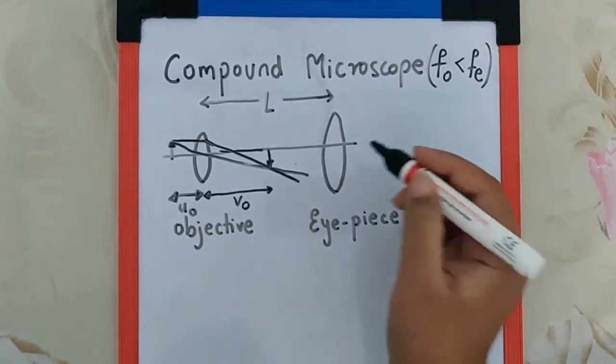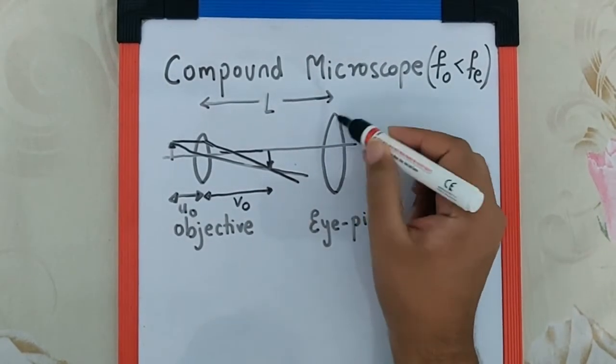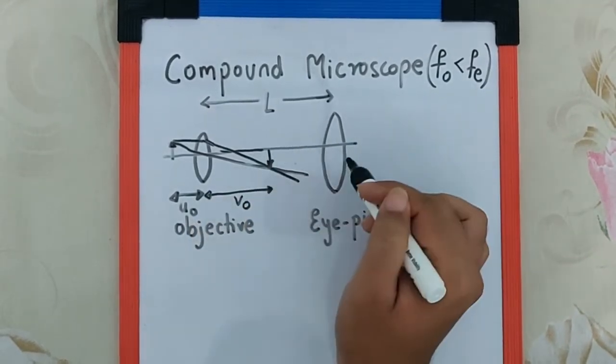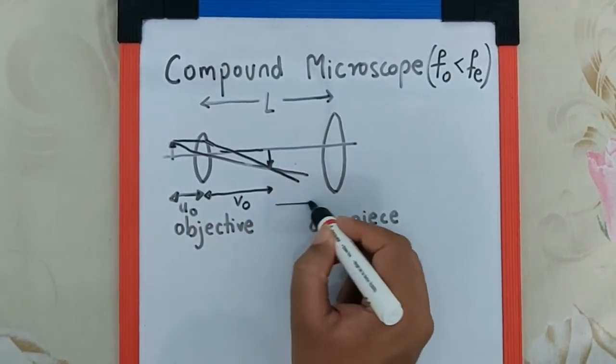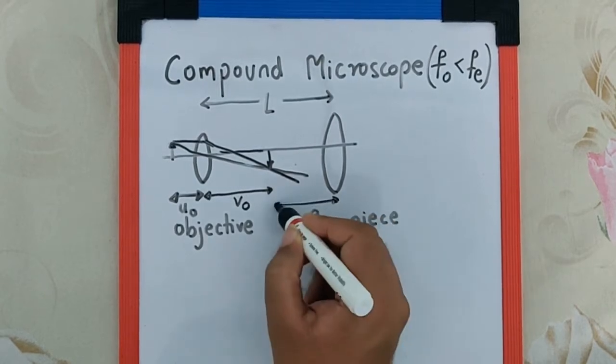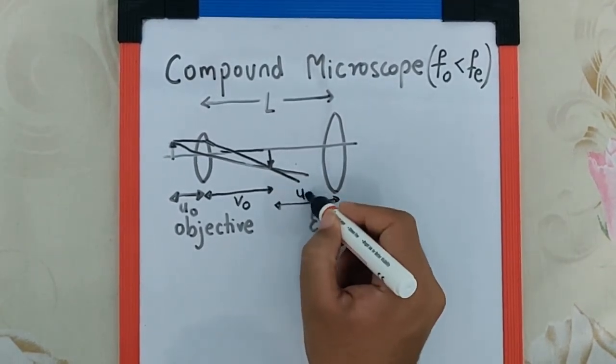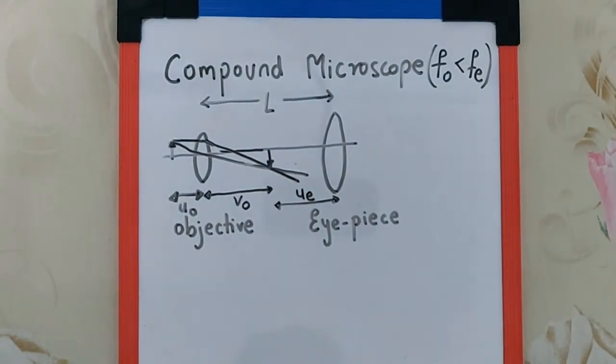Now in case of the eyepiece, this image formed by the objective becomes the object, which means the distance for that image from the eyepiece can be considered as the object distance UE.